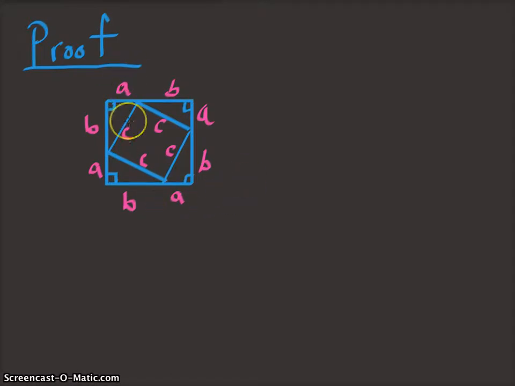Okay, so essentially what we're going to do is we're going to use this setup to show that our C squared, the inside here, is equal to A squared plus B squared.